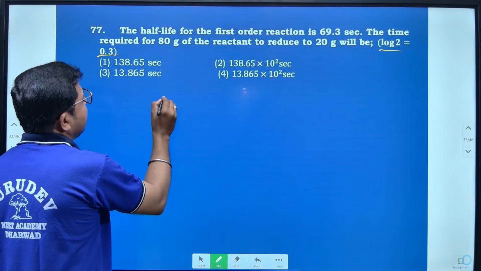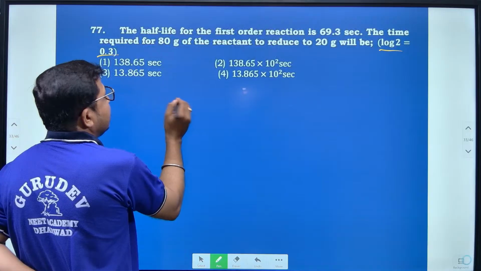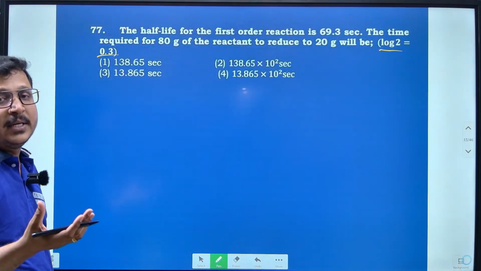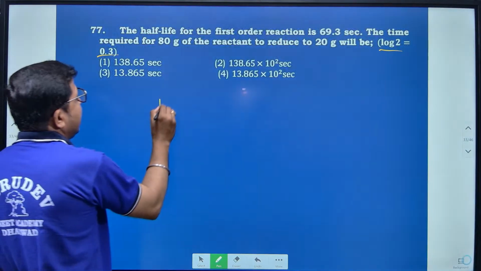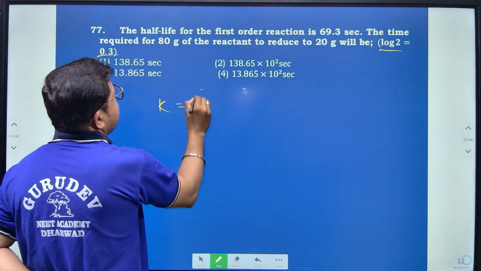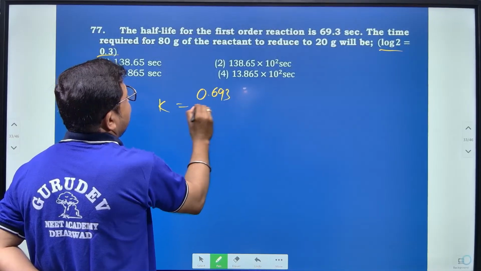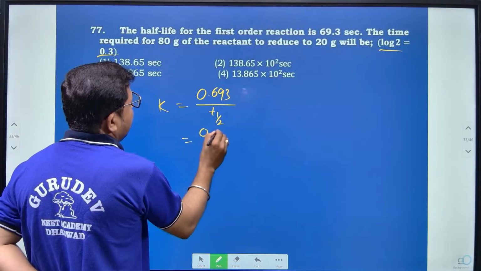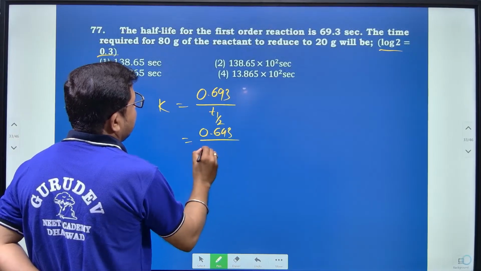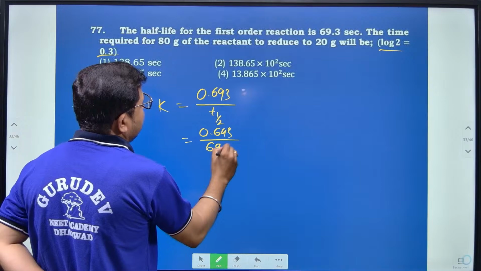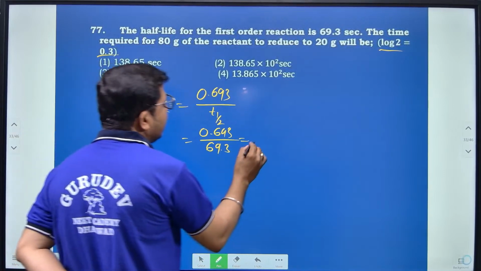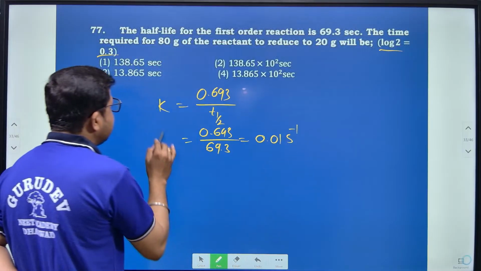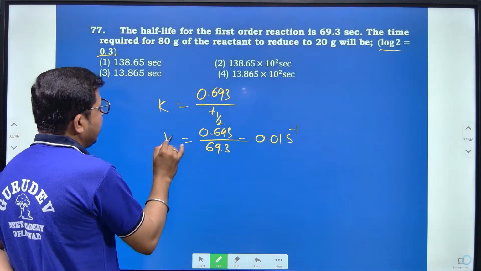First I will go with the half-life period, because I want to calculate the rate constant first. Therefore, K is equal to 0.693 divided by T half. T half he has given, 0.693 divided by 69.3. This becomes 0.01 per second, right?